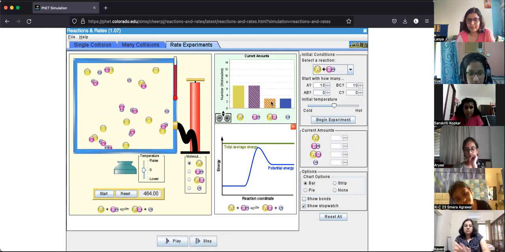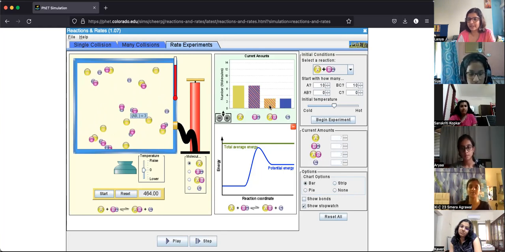So we could see how quickly the product formation has increased, right during hundreds itself. Same temperature, same reactant, same products. The only thing we changed was the number of molecules that we started off with.